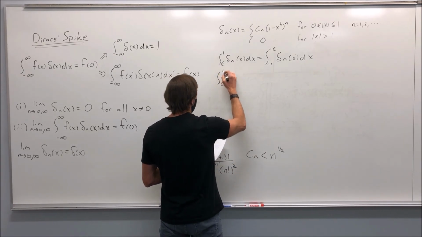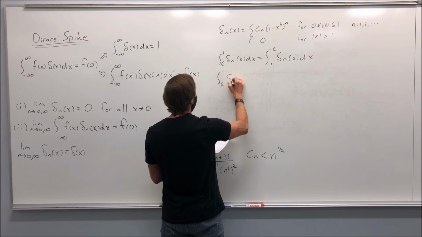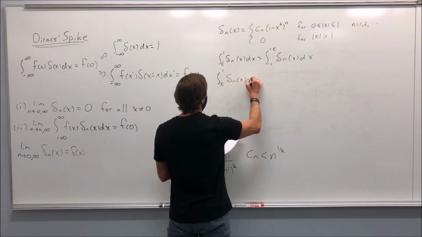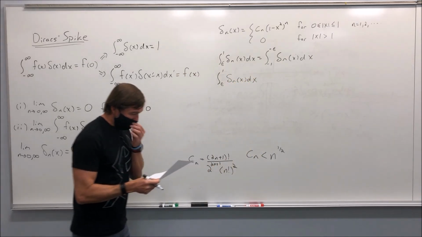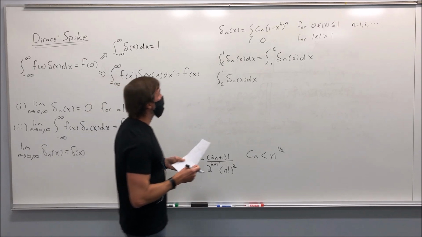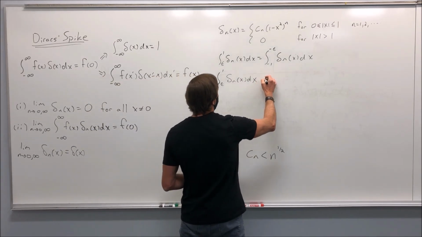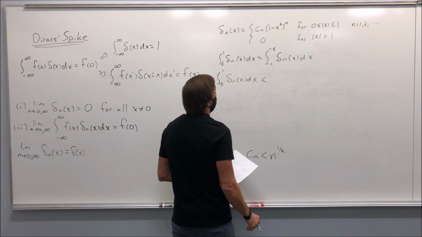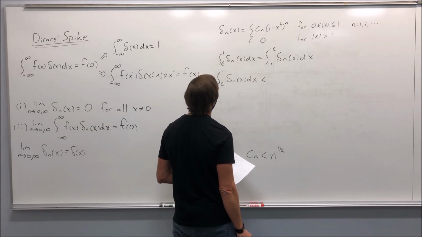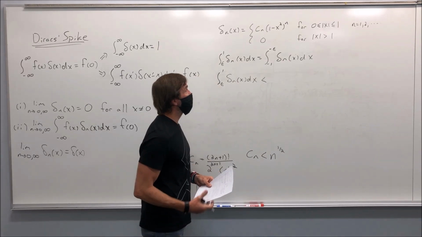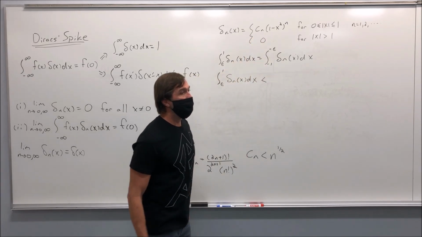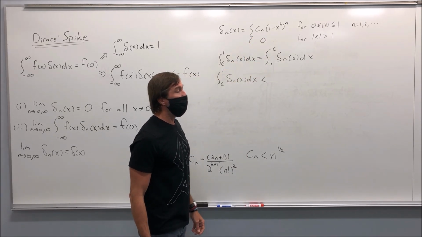So the integral from epsilon to 1 of delta nx dx. What is this less than? Okay? Which of these should I be using? I want to use functions.